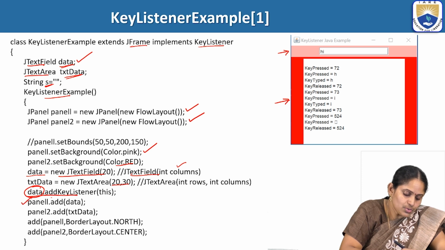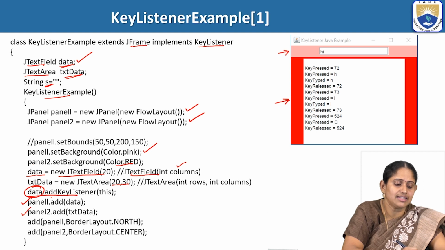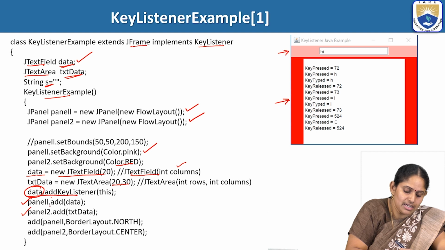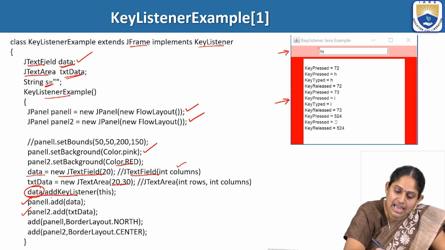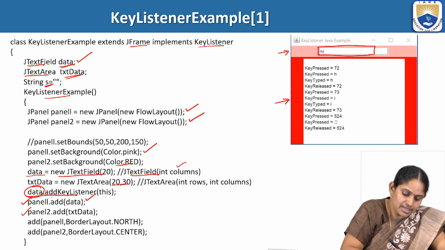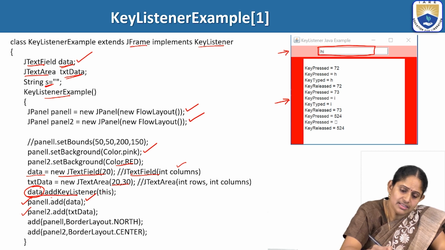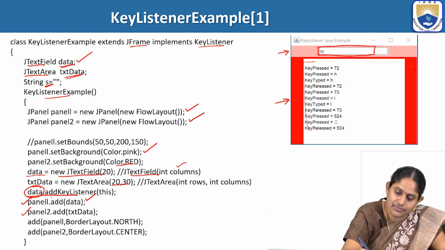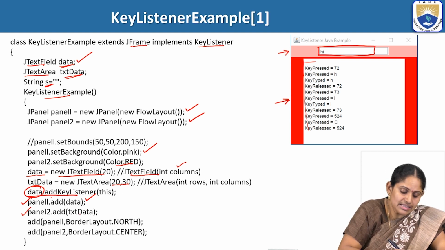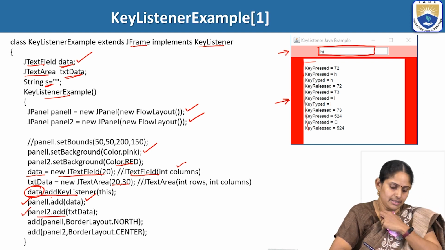Now the text field and the text area have to be added onto the panels. The text field is added into panel1, and the text area, this white square, is added onto panel2, so we call panel2.add(txtData).